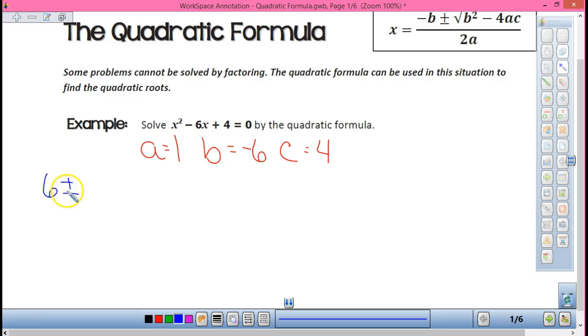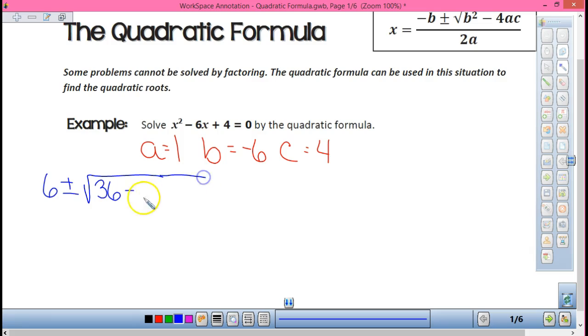We'll get to this plus or minus, and what it means is that at the end, we're going to have to add and subtract. That's how we're going to get our two answers. So plus or minus the square root of b squared, which is 36, because b is negative 6 and when we square it, it's positive.